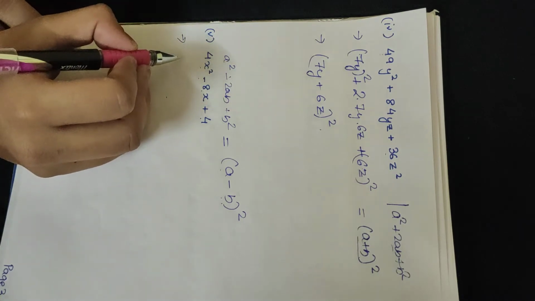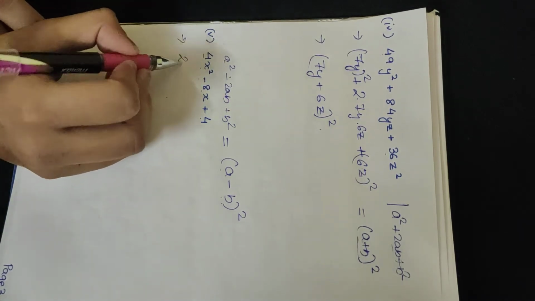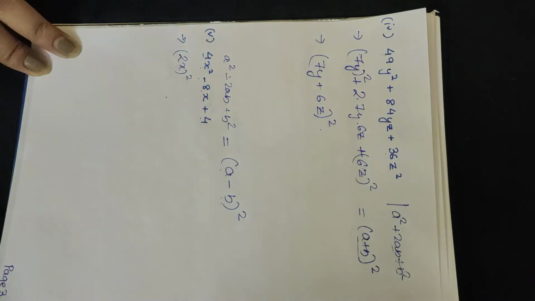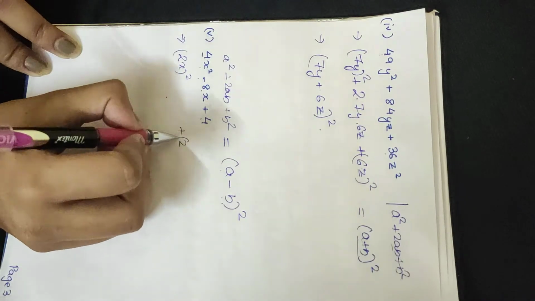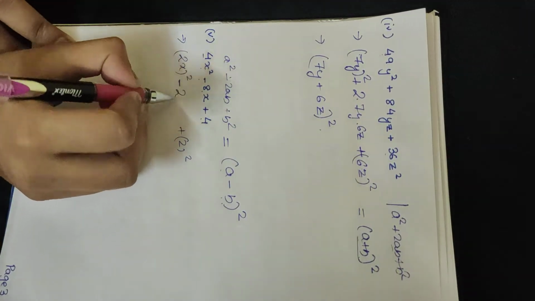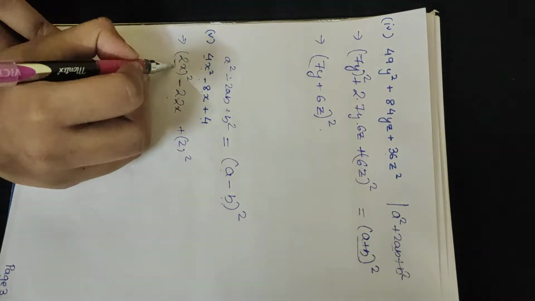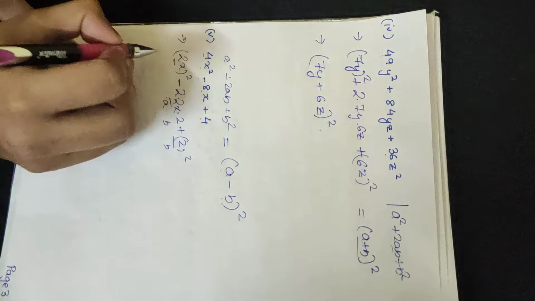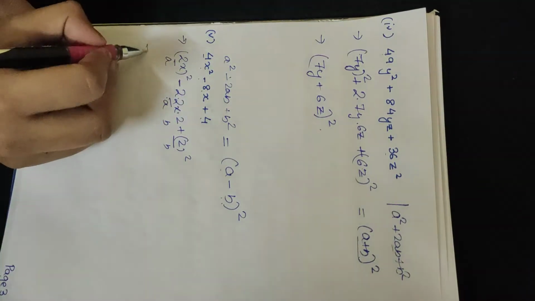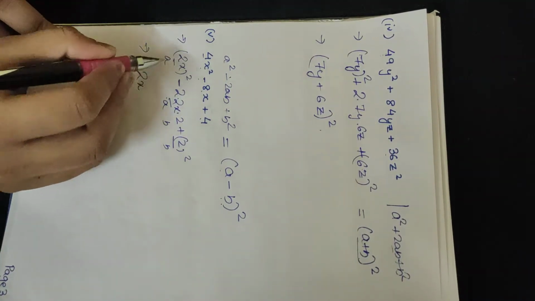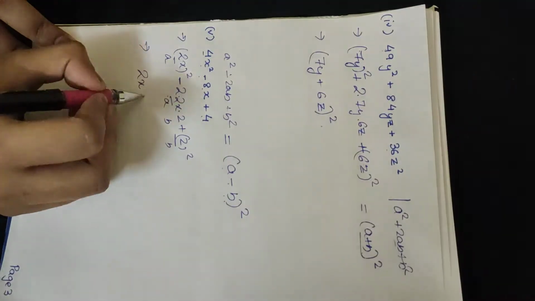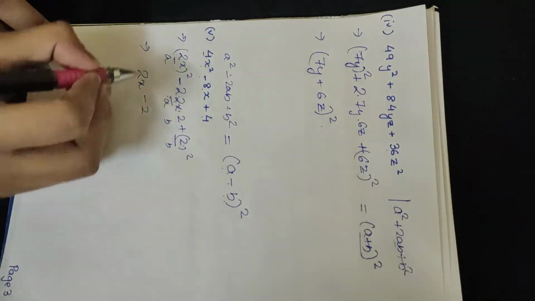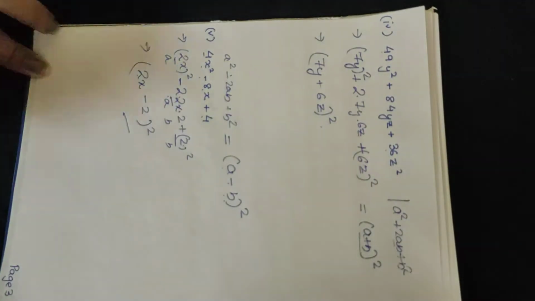How are we going to do this? 2x whole square, which is our a, plus 2 square, with a minus symbol, 2 into 2x, which is a, into 2. This is a and b. Next, 2x is a and minus b, which is 2, whole square. So this is our answer.